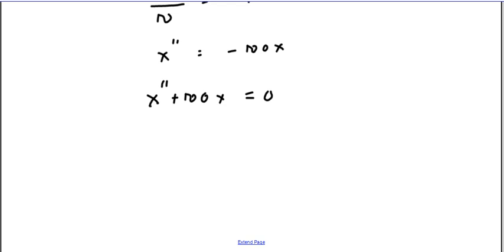Now I have a characteristic equation, m squared plus 100 equals 0. Implies that m is solution set plus or minus 10i.